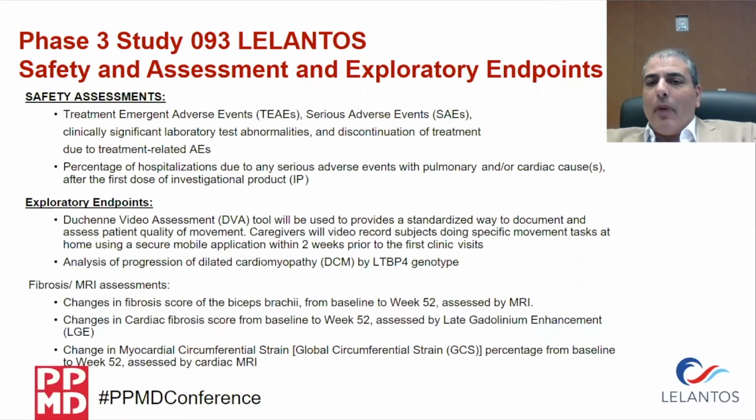And we have a bunch of MRIs to assess the fibrotic changes in the muscles using the biceps brachii muscle. Cardiac fibrosis, we're going to look at by using late gadolinium enhancement, and also we're going to look at the myocardial circumferential strain as more clinical. It can give us a better understanding than ejection fraction itself.